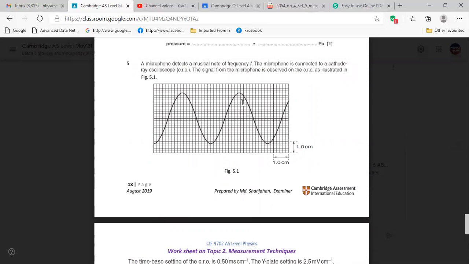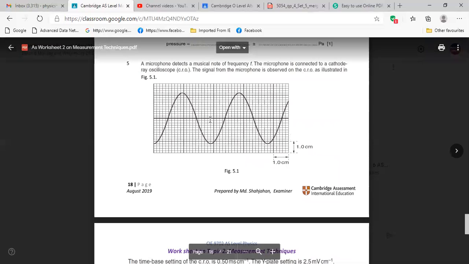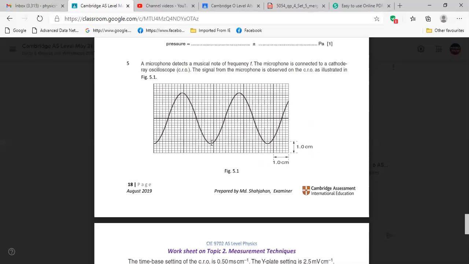From the rest position, how much it is going. Here 1 centimeter is given, so each small square is 0.2 centimeter, right? Now if you go down, you will see how many small squares there are after this line. It is giving you 11, right?